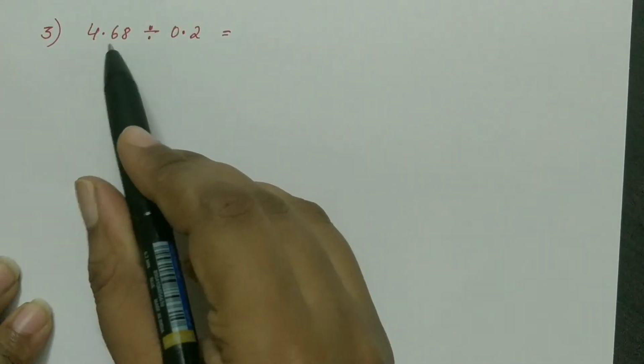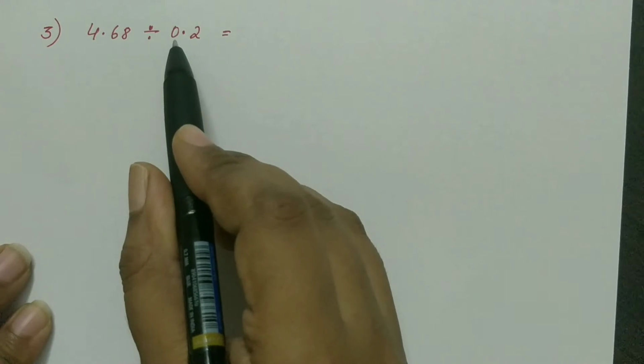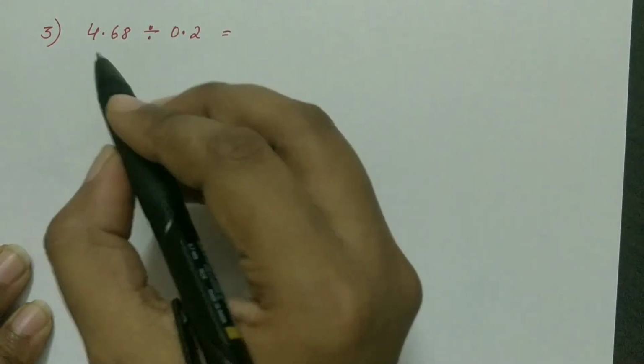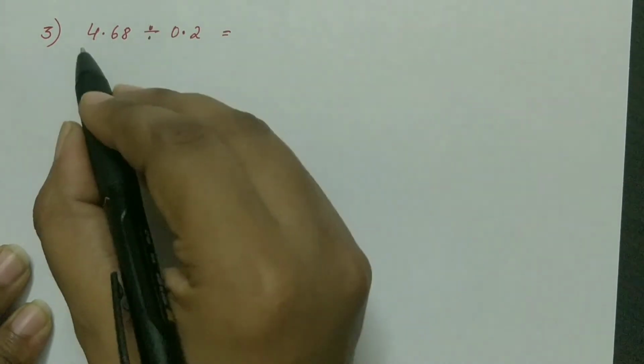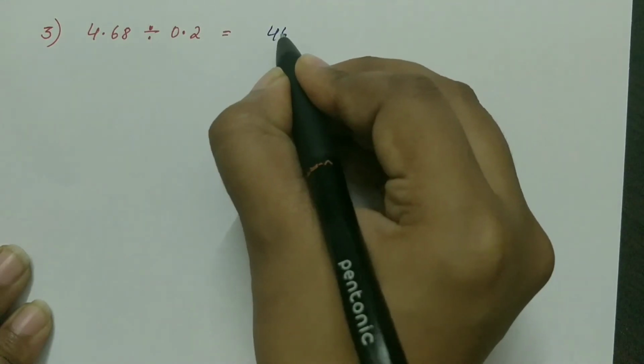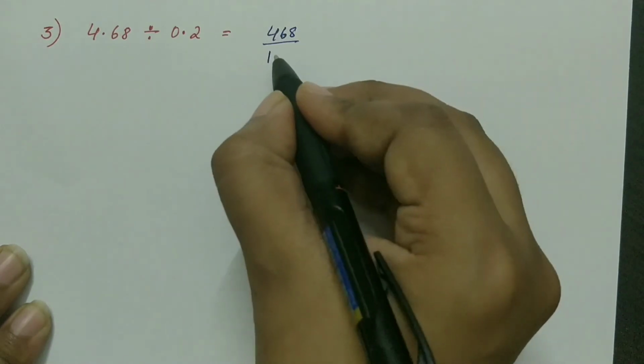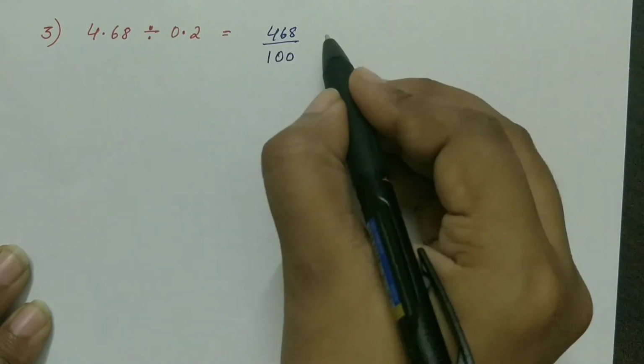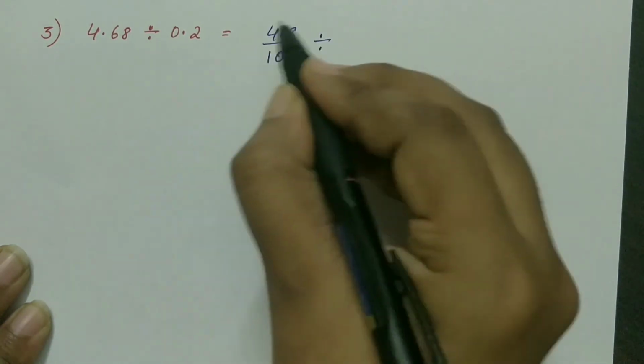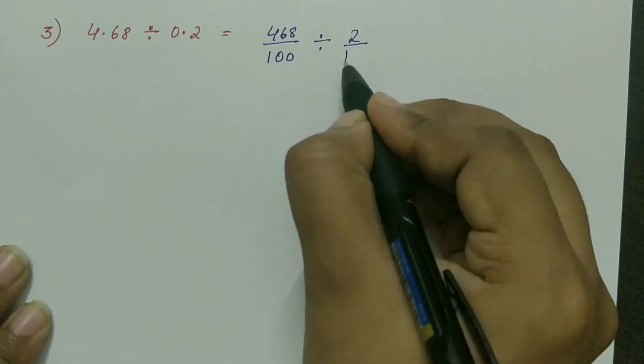Next problem, 4.68 divided by 0.2. Convert into fractions. 468 divided by 1, 2 zeros, divided by 2, 1 0.